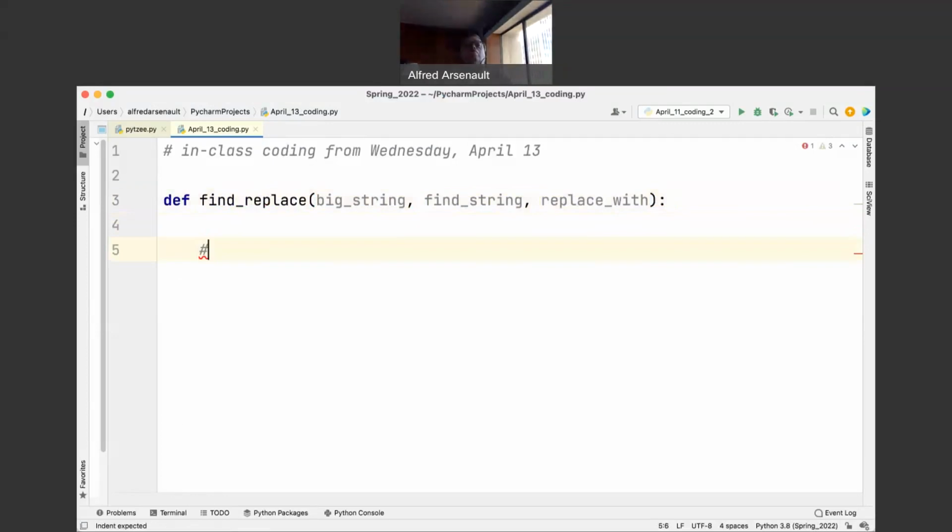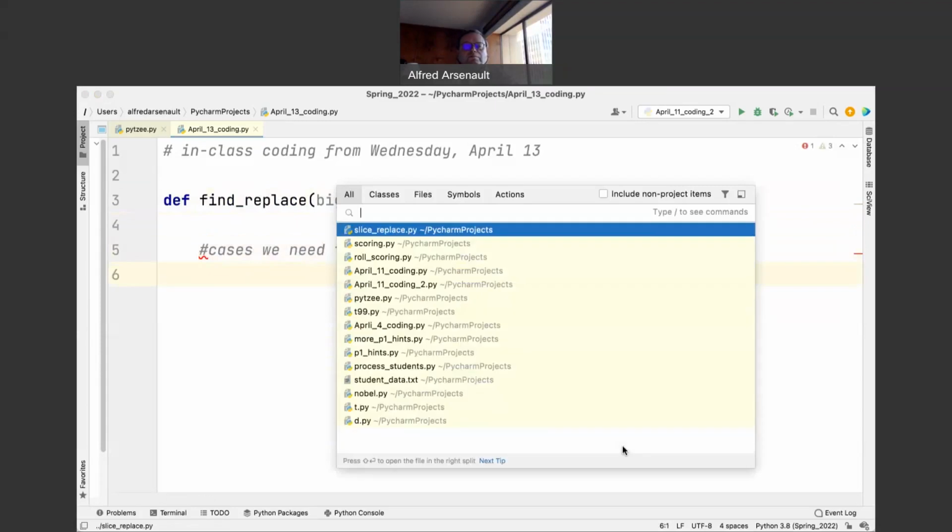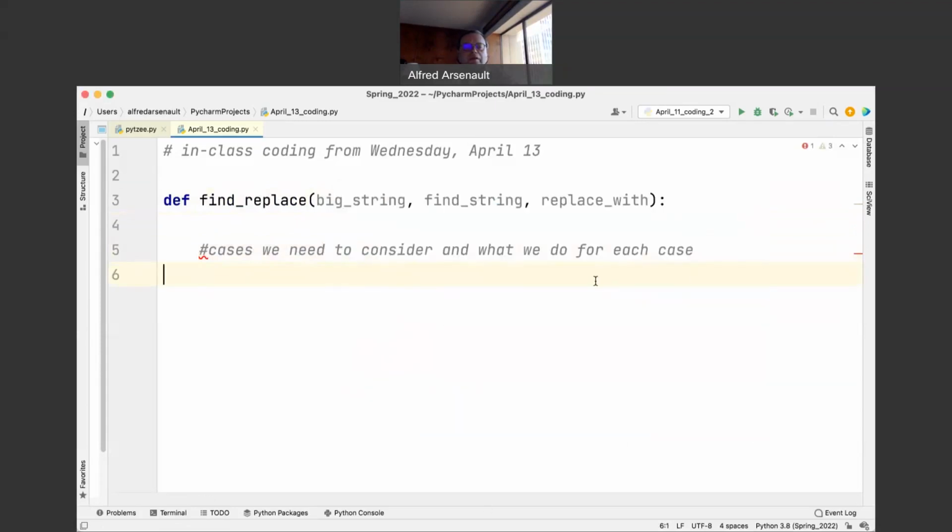Base cases and recursive cases. Let's talk about the cases we need to consider and what we do for each case. Here is a simple one.